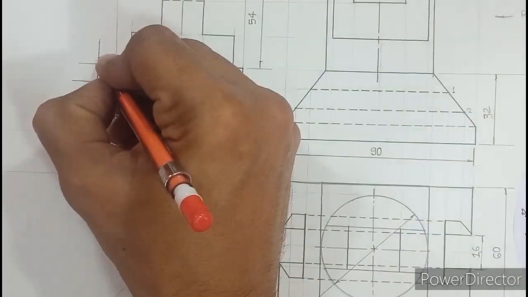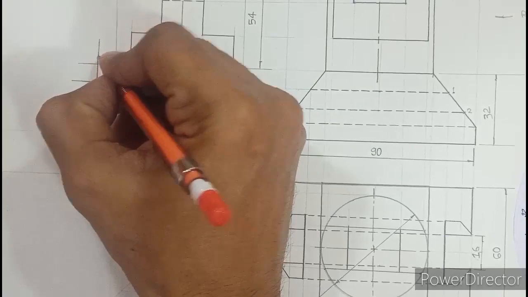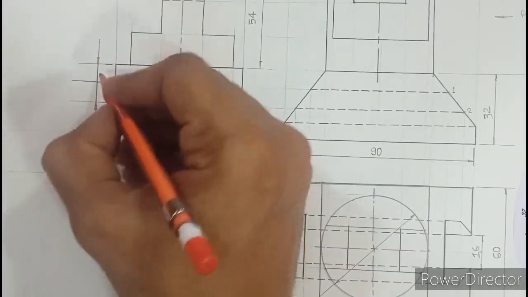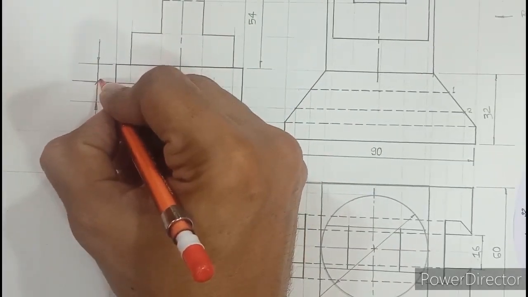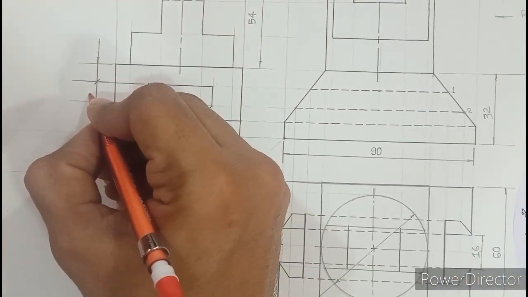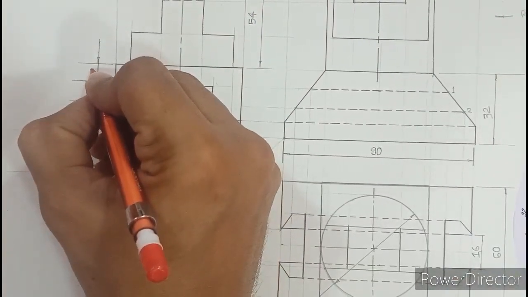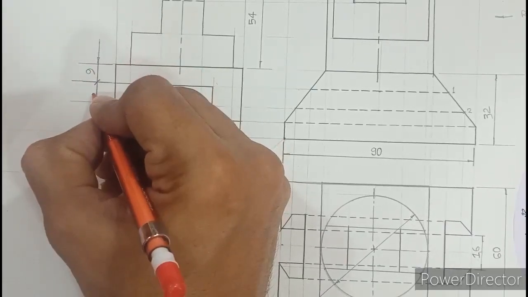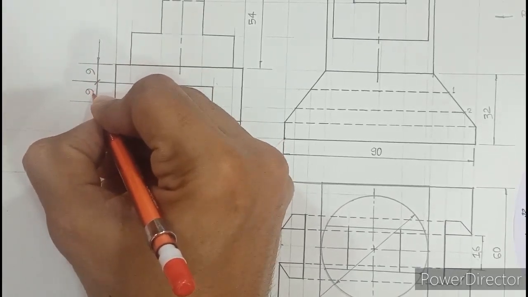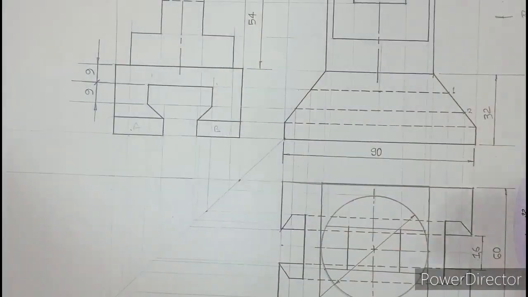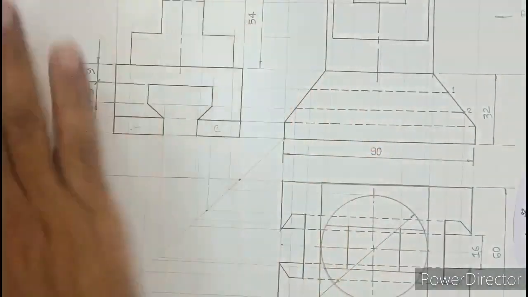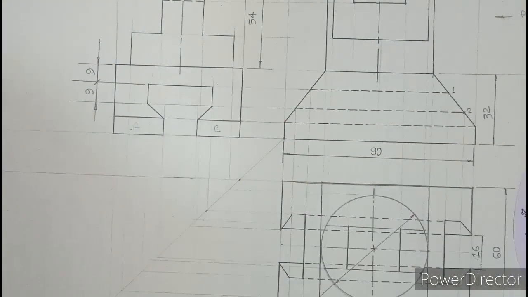So as you can see here, you have to show arrowhead pointing inside. And in between there is no space to show arrow mark, so you can draw one inclined line like this. And then you can write 9. If you're not comfortable enough to write 9, you can write 6 in opposite direction, so it looks like 9 only. See, I have written 6, but actually when you read about the line, it is 9. I hope the things are clear.